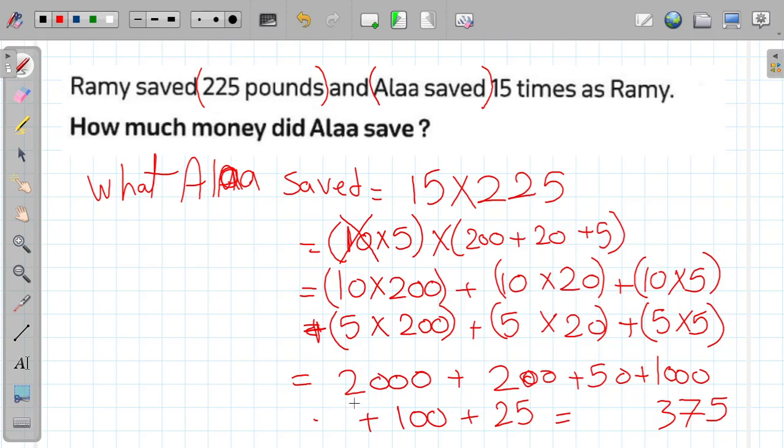And in the thousands place I have 1 plus 2 equals 3. So the result will be 3,375 pounds. So what Alaa saved is 3,375 pounds.